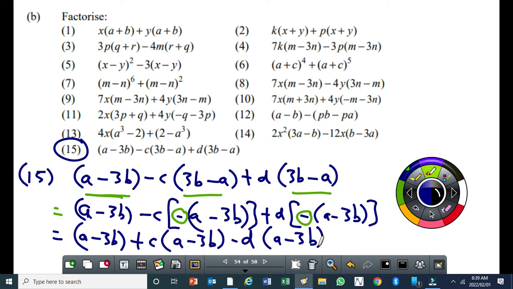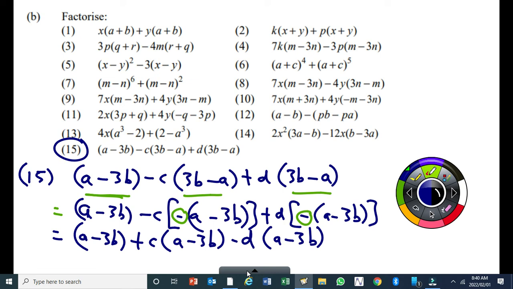Okay? Yes. That's what he asked about. You can also convert the a minus 3b to 3b minus a. So your final answer, you can write the final answer down. You can see that we have a common factor there. That's a minus 3b. So you take out the a minus 3b.